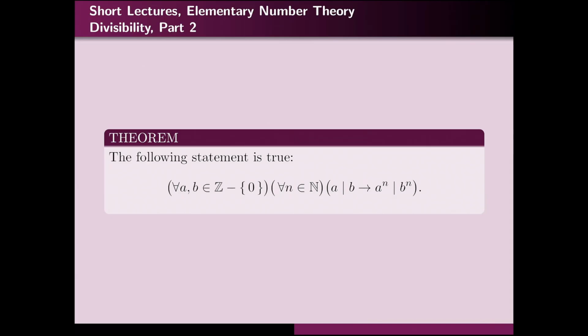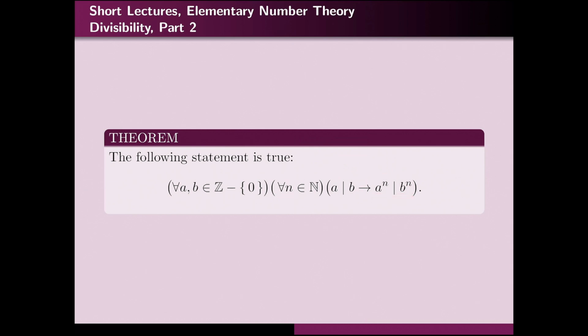Okay, the next theorem, which is also very important, allows us to raise both sides of a divisibility relation to any natural power that we want. This means that if a and b are non-zero integers and I know that a divides b, and if n is any natural number, then I can conclude that a to the power n also divides b to the power n.